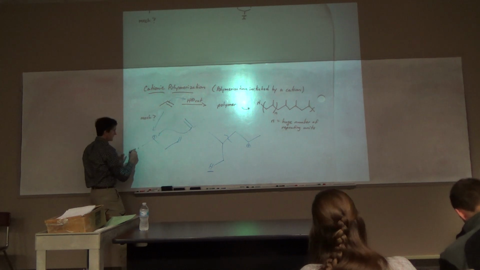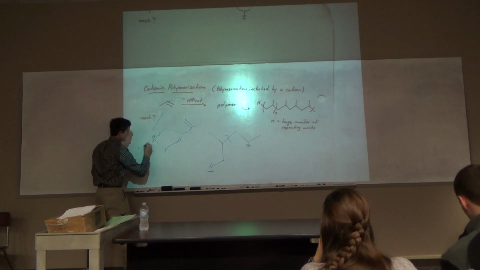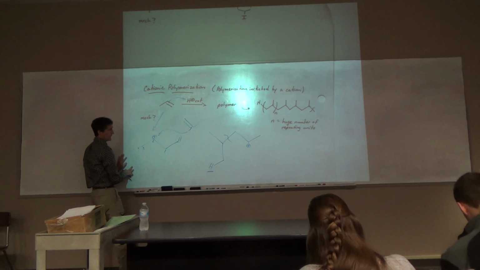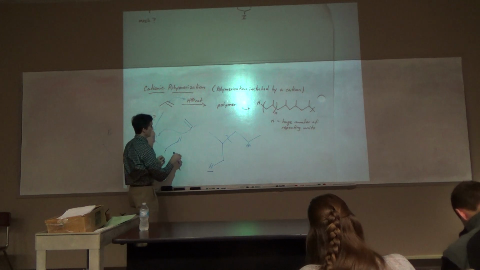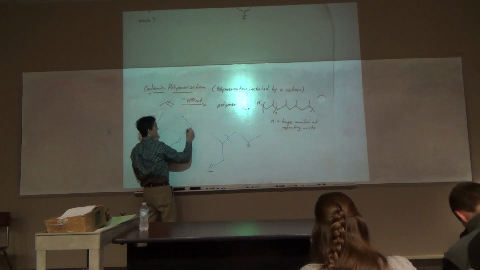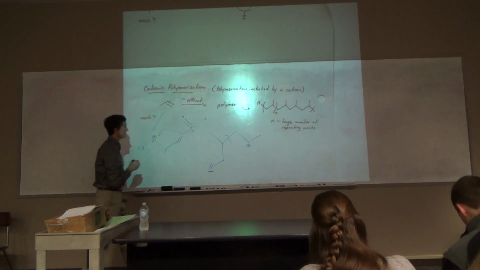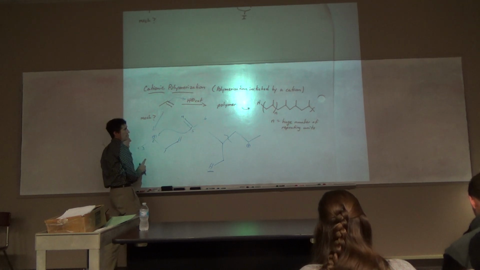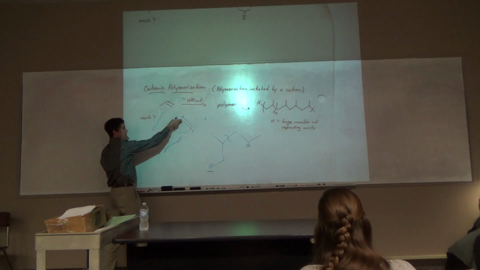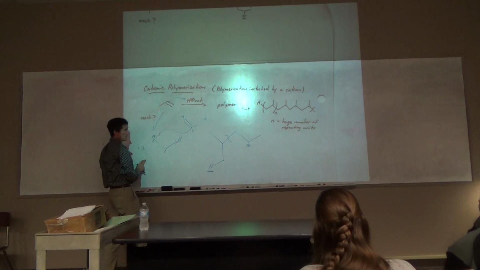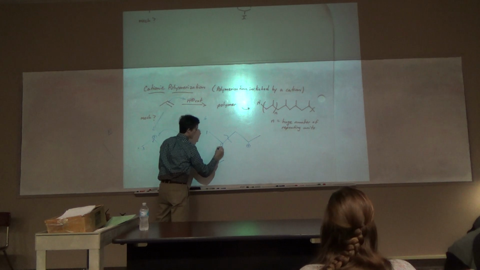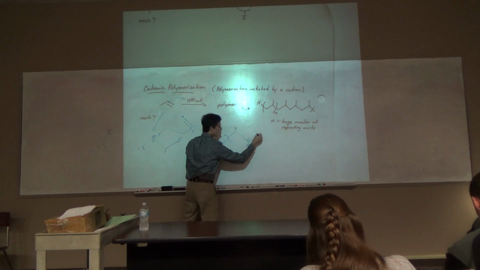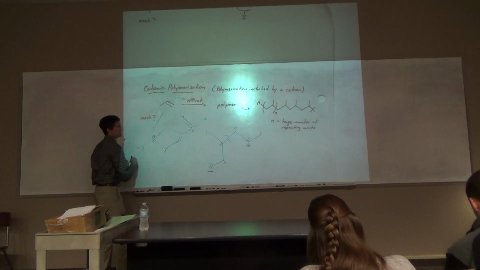Do you want to number these? 1, 2, 3. 2 was the carbocation. 4, 5, and 6. What's bonding to each other? 4 is bonding to 2. That's what that arrow is showing right there.